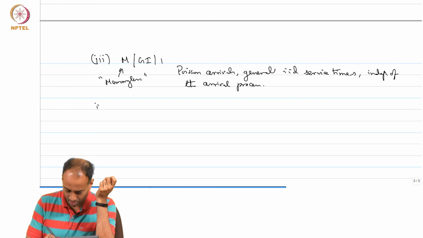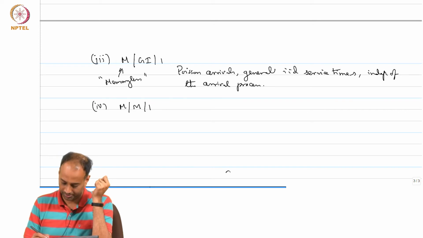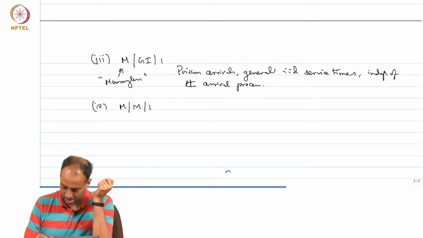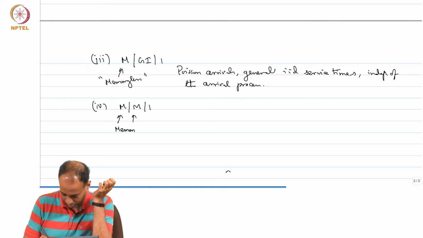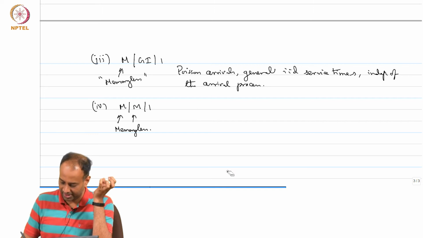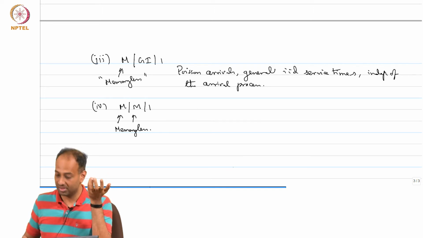The simplest queue mathematically is the so called M/M/1 queue. So this means both are memoryless, meaning that the inter arrival times are exponentially distributed, as in Poisson arrivals.